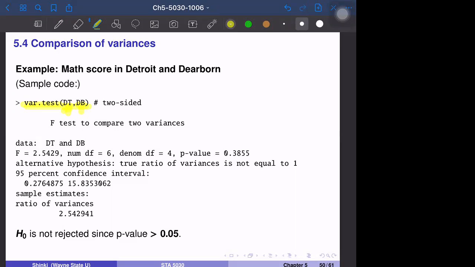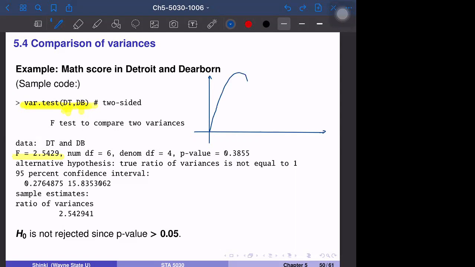And if we type this, then the output is this. At first, the F statistic is 2.54. The F statistic is roughly 1, so 2.54 is rather higher than the median, probably. It's not guaranteed, but intuitively it's higher than the median.